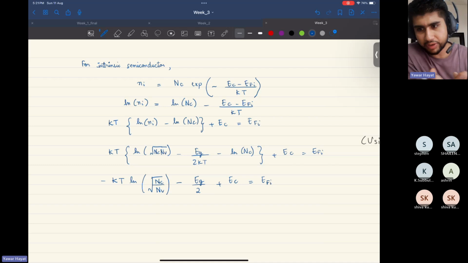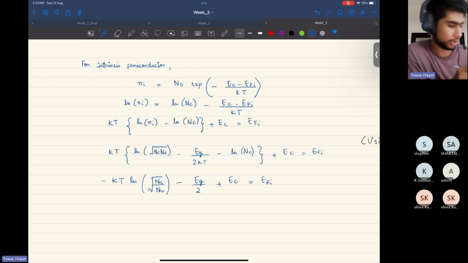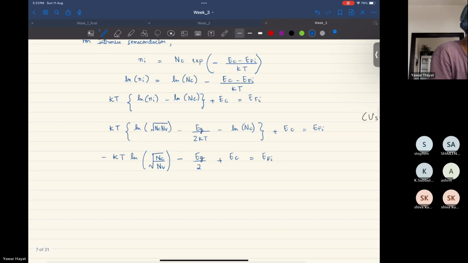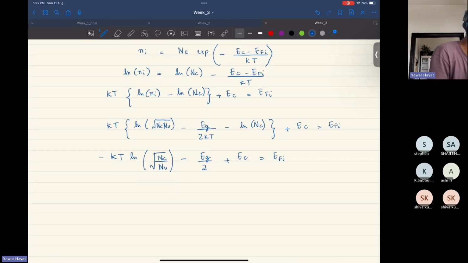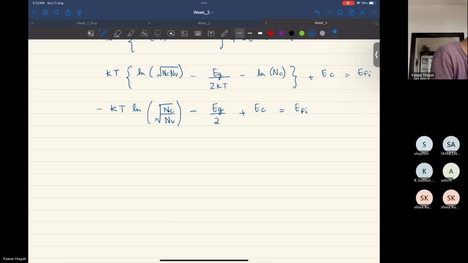Either way, you'll come to the same conclusion, that is, when the two effective masses are same, only then the condition that was imposed will be followed. Fine. So if you want, you can proceed like what you showed. Now I'll use the following.